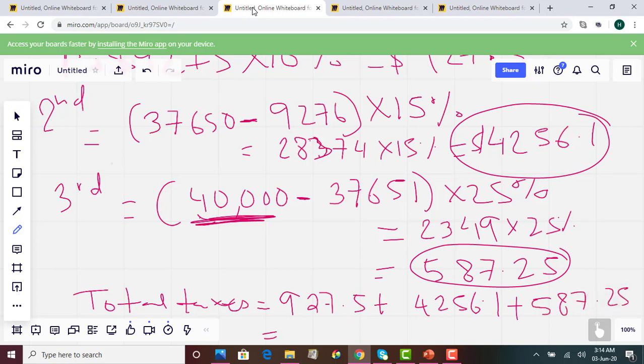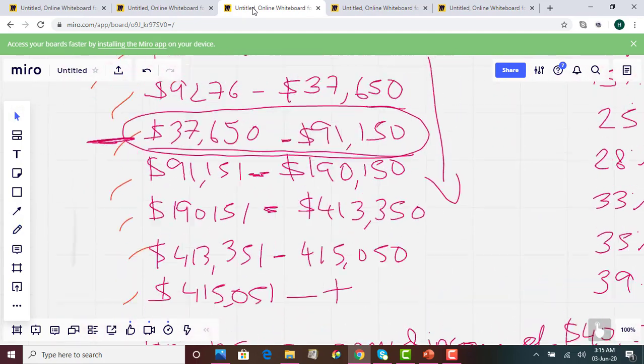If you add up these numbers, we end up with 5,770.81. So out of 40,000, he has to pay tax of $5,770.81 if he's filing as a single. So it is a little bit complicated. We don't have to memorize the table.